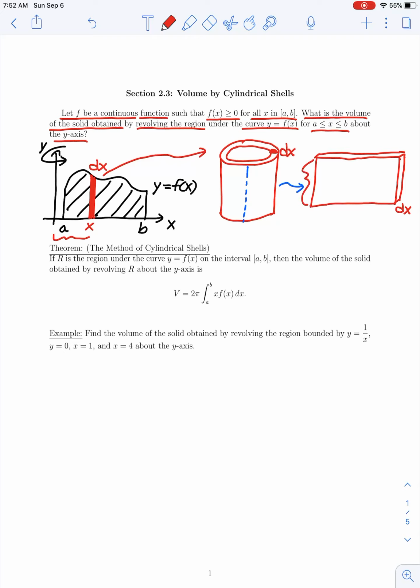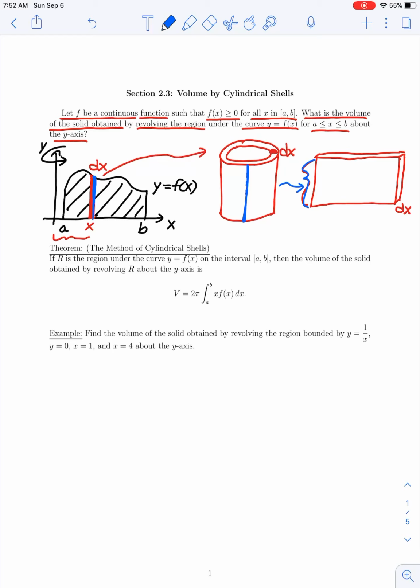So the height of our rectangular prism, let me maybe use a different color here, would be the same height along our cylinder, which, looking at our figure, would be the height of this representative strip that I was taking.